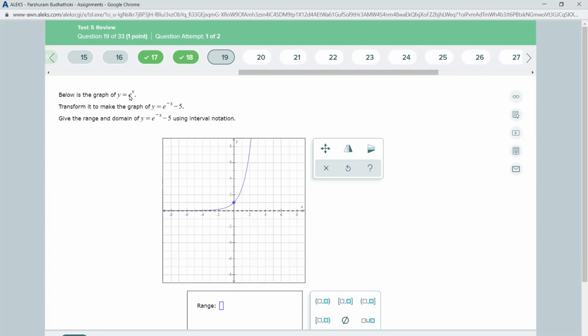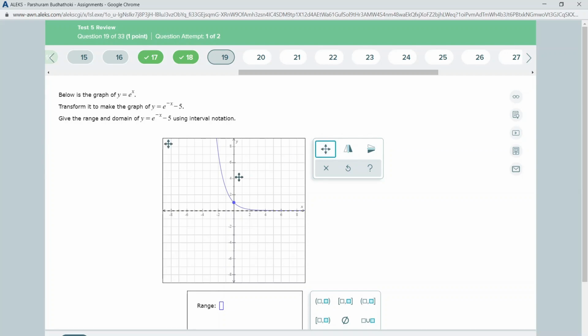As you can see, e to the power x is this. e to the power negative x is a reflection because x becomes negative x. Whenever you change x to negative x, it's a reflection about the y-axis. So you need to use this one. Reflection across the y-axis is this one. Make sense? And then this is shifting 5 units down because you are subtracting 5.